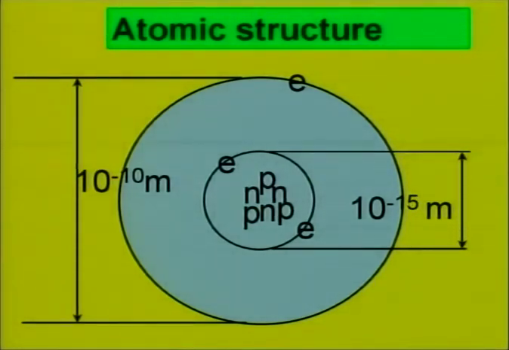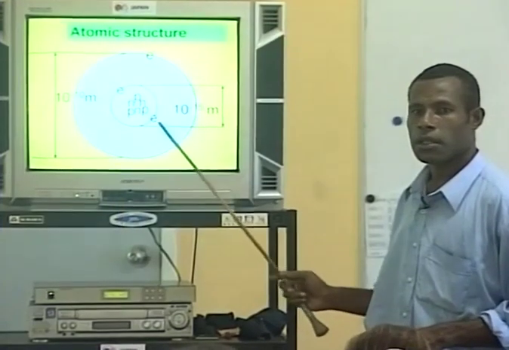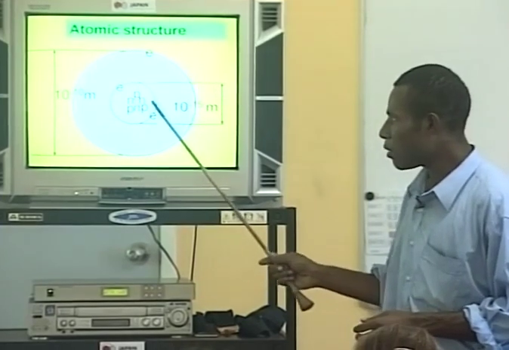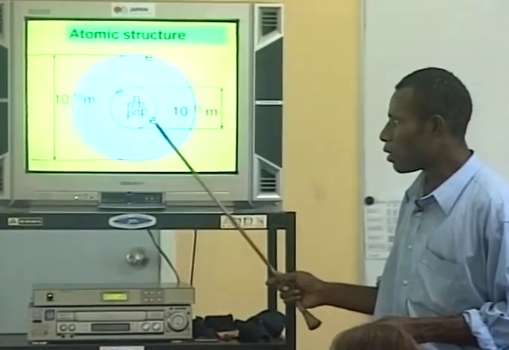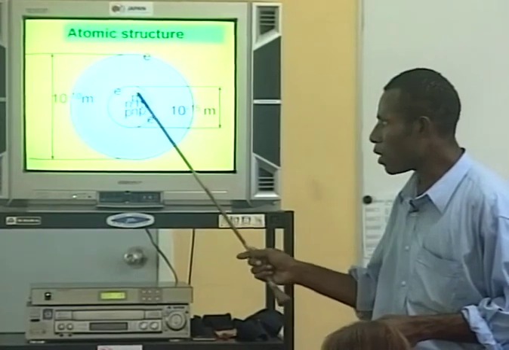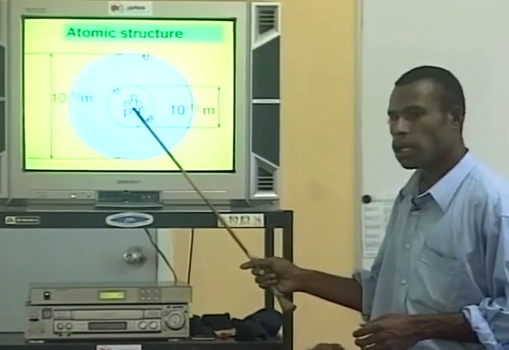Some of you may be thinking that that is a nucleus. Anyway, the nucleus will be somewhere in there. And then you have the first shell, and that is the second. So it is just a shell that is outside here. The nucleus will be somewhere there where the protons and the neutrons are.